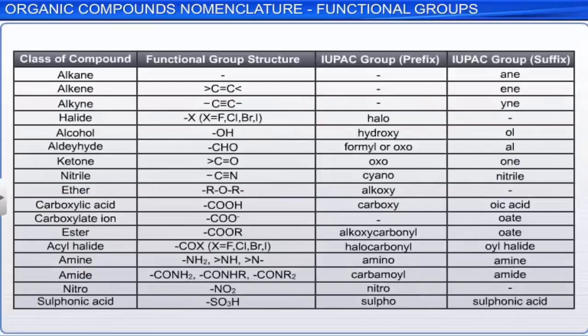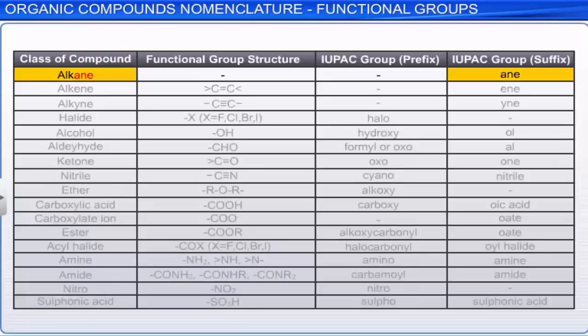Based on the structure of the compounds, they have been organized into classes and assigned IUPAC group prefix and suffix. The alkane group suffix is ane, A-N-E. The alkene group suffix is ene. The alkyne group suffix is yne.